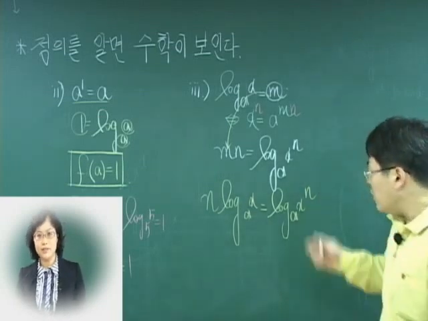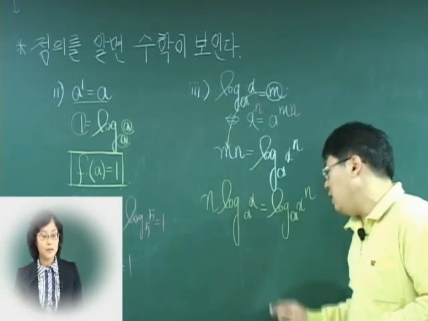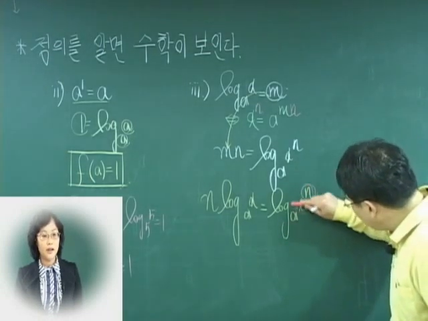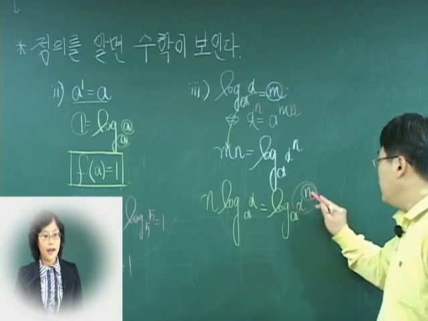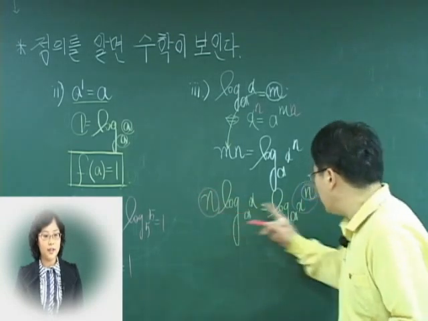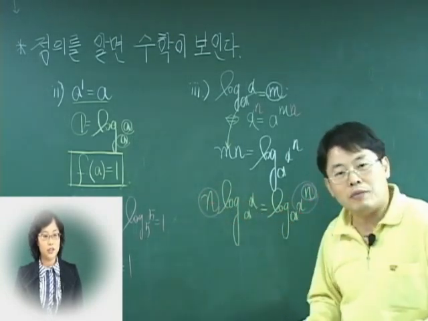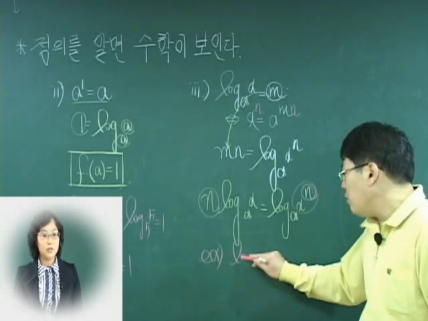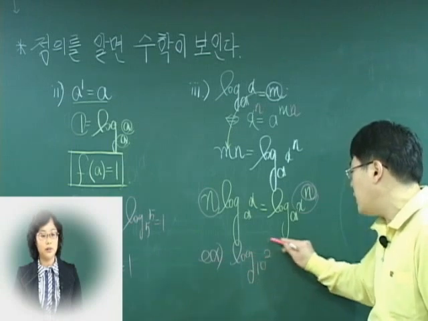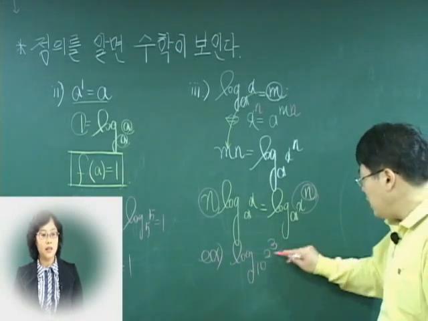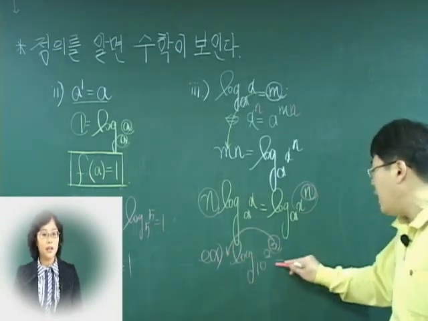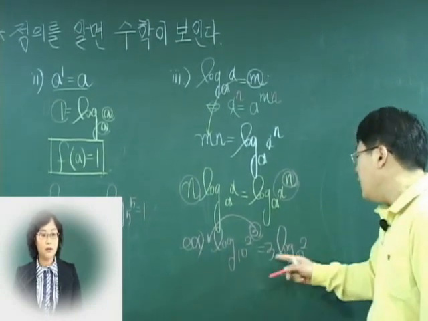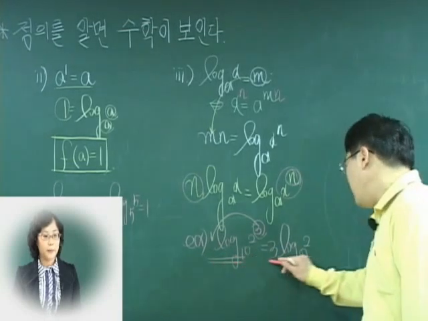What does it mean? The exponent of this anti-logarithm could be changed, let's say, log base 10 of 2 to the third power. Since the 3 leaps out to the front, 3 log base 10 of 2, it is the same.